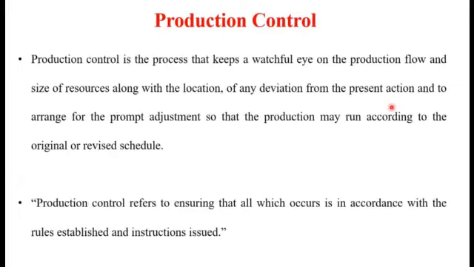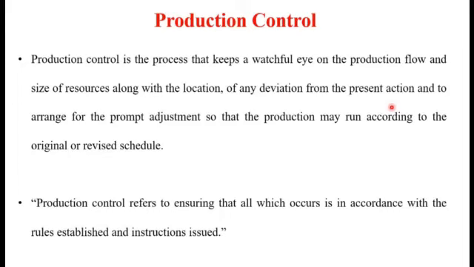Production control is the function of management which plans, directs, and controls the material supply and processing activities of an enterprise, so that the specified products are produced by the specified methods to meet an approved sales program.